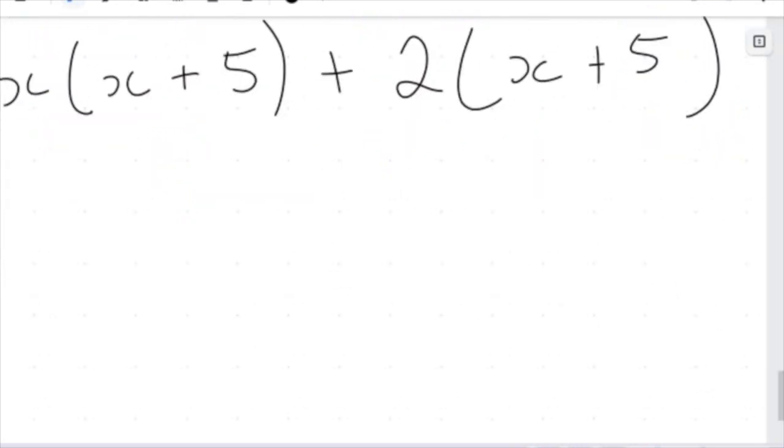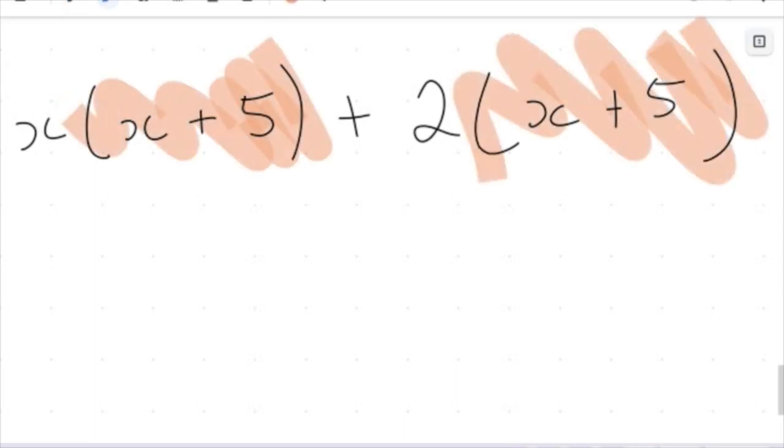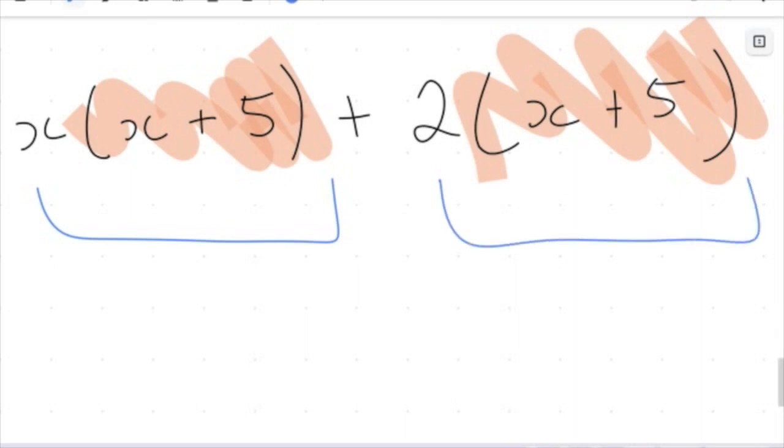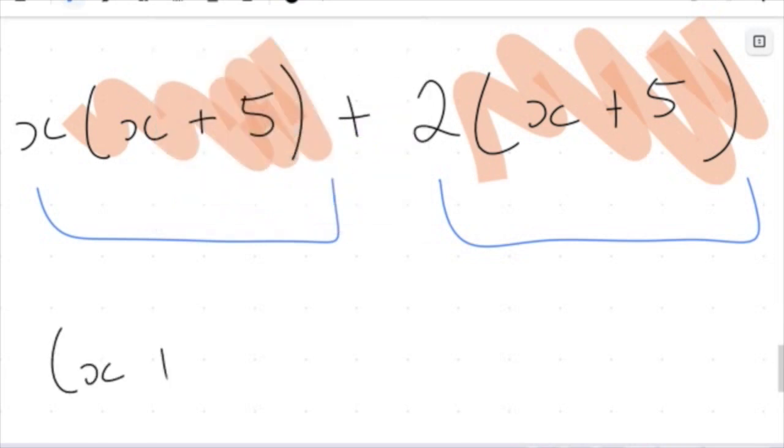Now, we are looking at our binomial factorization. Because remember now, we have a common factor to both terms, both this expression and the second one. So I'm going to pull out this x plus 5 out the front. And when I take that out of both terms as a common factor, what am I left with?